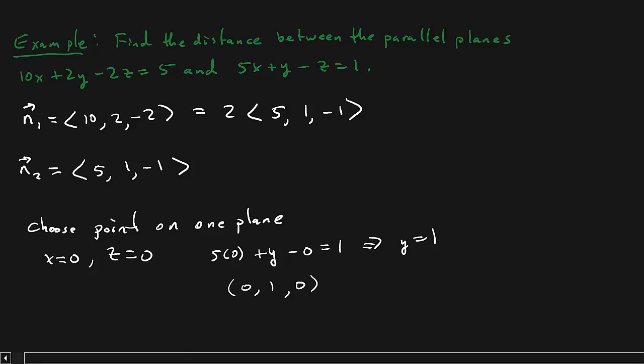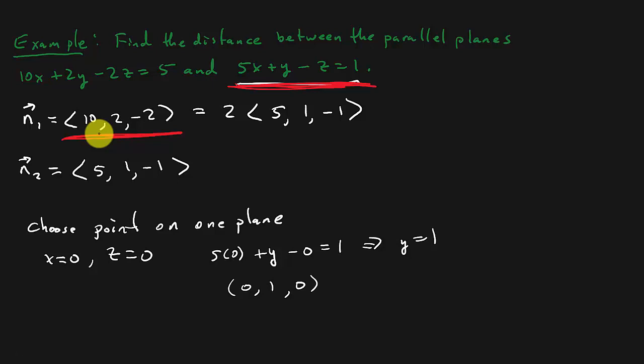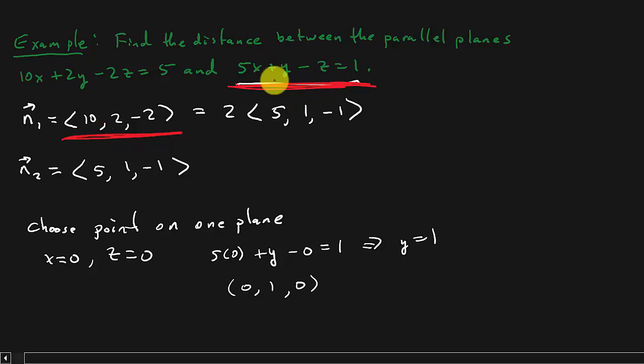I used a point on this plane, right? I used a point on that plane. So I'm going to use this plane because I want to know the distance from the point on this plane to this plane.